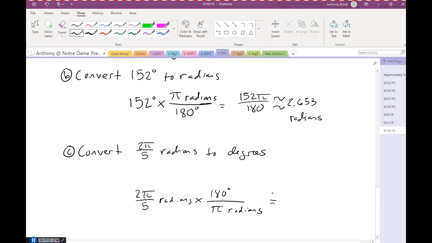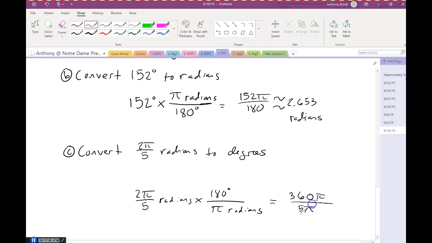So when I multiply these fractions, we multiply straight across. 2 pi times 180 is 360 pi. And 5 times pi is 5 pi. Everybody okay to there? And now we can do some reducing, right?